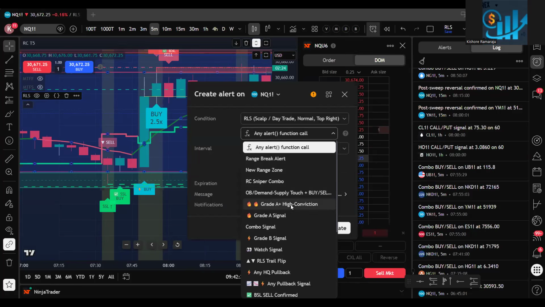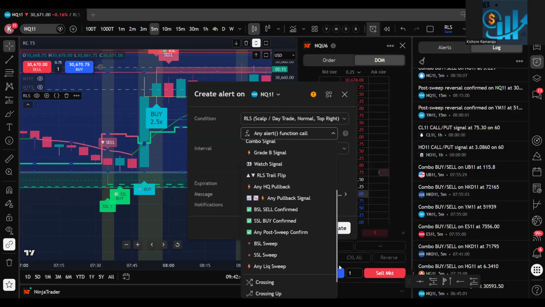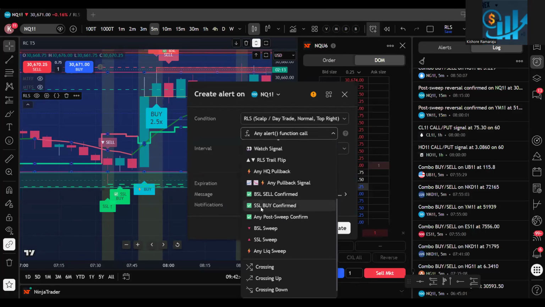This is like an A plus setup, this is an A setup, this is a B setup. You can also do those setups. So one is you can put an alert on this BSL sell confirmed, SSL buy confirmed. If you want to know even before the sell signal when that sweep is happening, you can put alerts here.